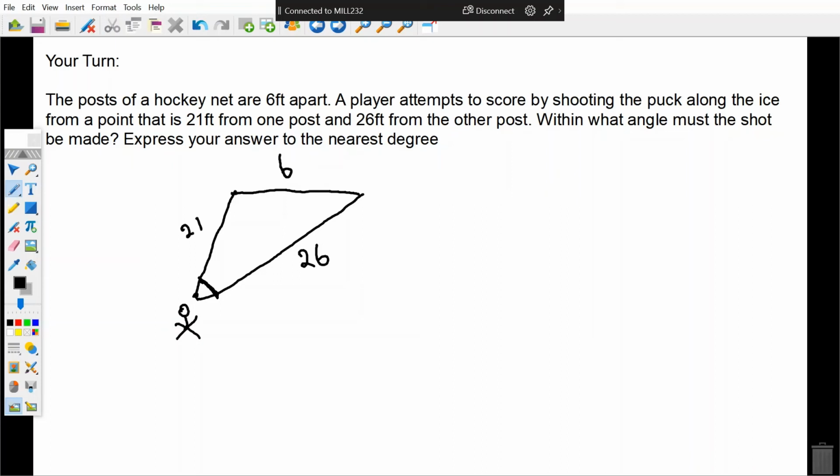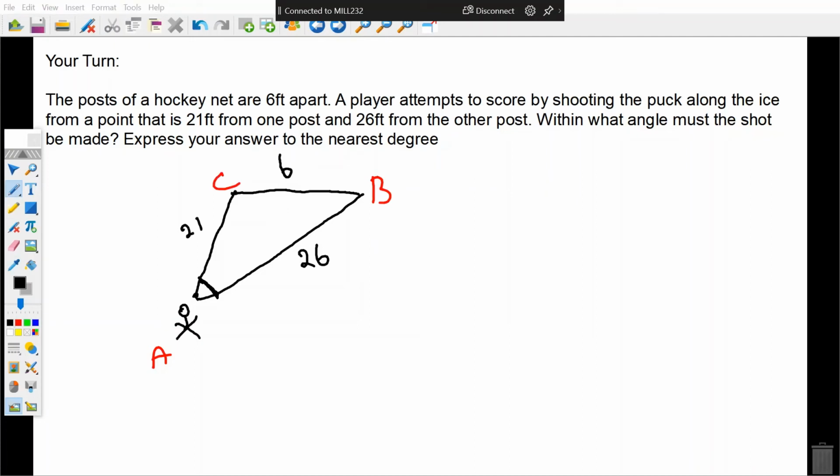So this is a side, side, side. So that means we're going to use the cosine law. So I'm going to call this side A, call this B, C. Okay?